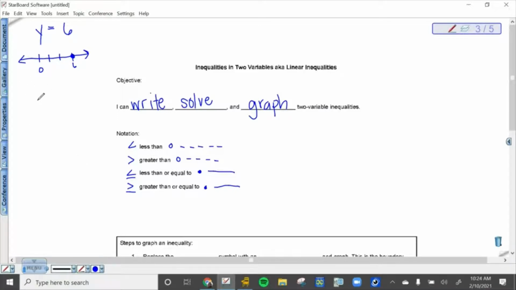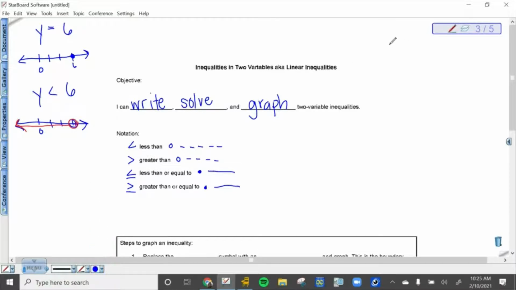Then when I had an inequality, if I wanted to put that on a number line, it becomes 0, 2, 4, 6, a dot and an array. It becomes that dot with a line, right? So representing many numbers.